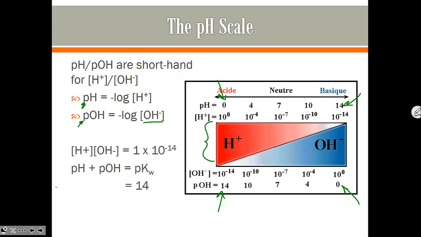Well, if you were to take the log of both sides, specifically the negative log, to determine the P of that thing, you would find that the pH and the pOH has to equal 14. So if I know the pH, I can find the pOH by subtracting from 14.